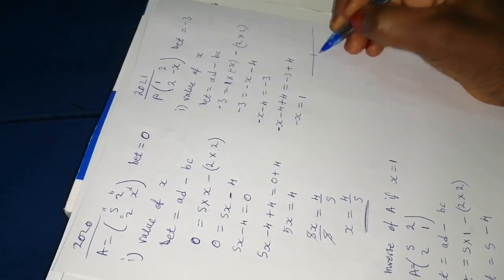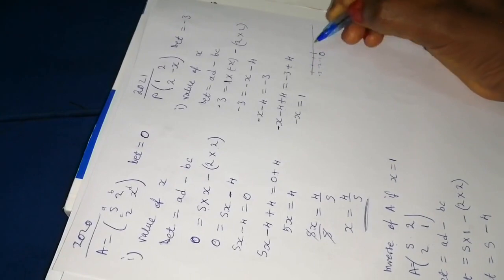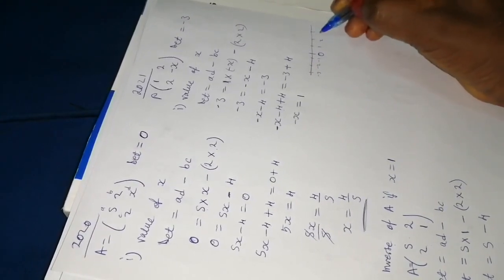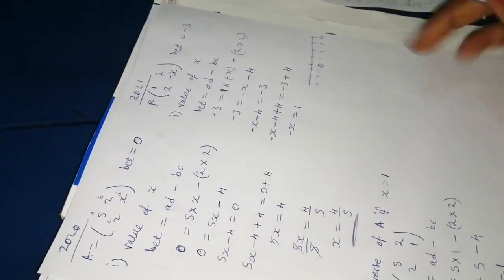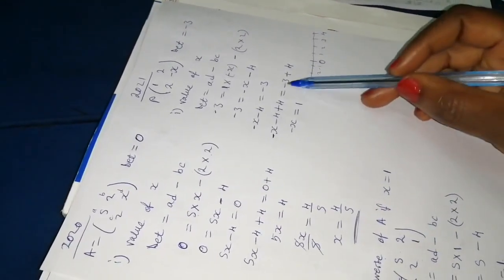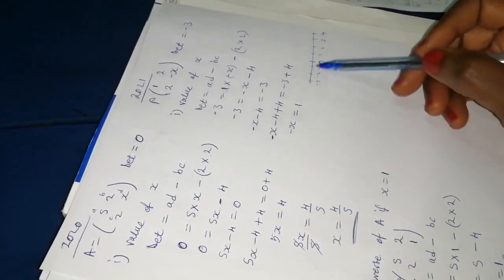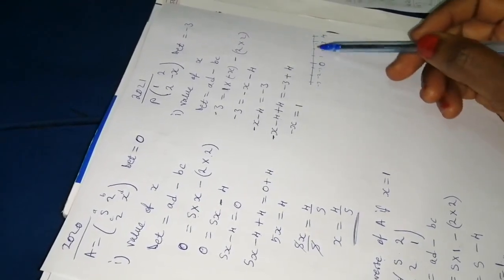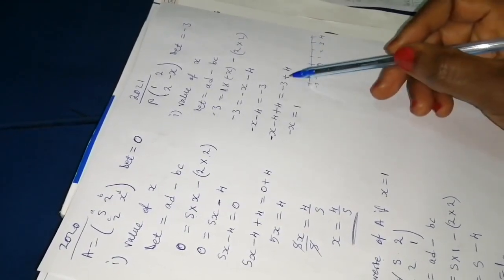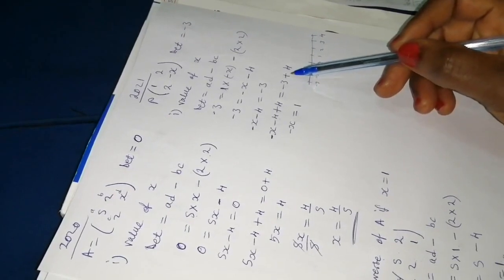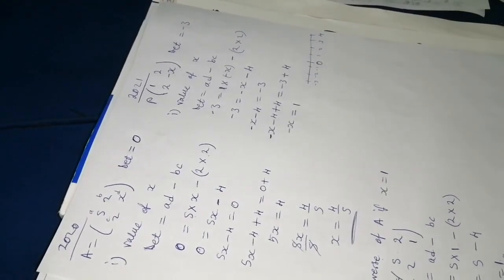When we have a number line, we'll have negative 1 there, negative 2, negative 3, positive 1, positive 2, positive 3, positive 4. Using the number line, I start from where negative 3 is. Then you look at this sign. This is a positive sign, so I need to make a move to the right.